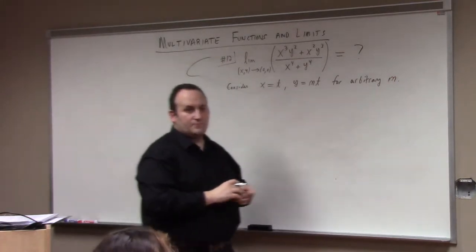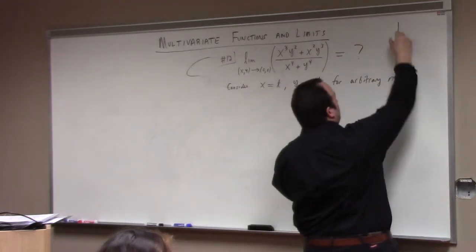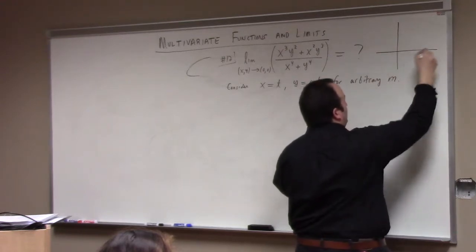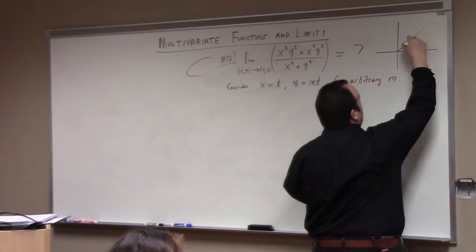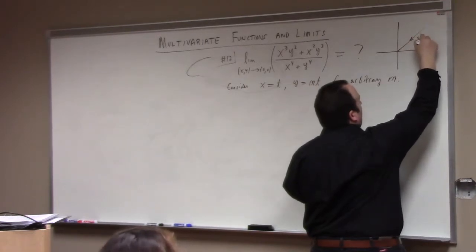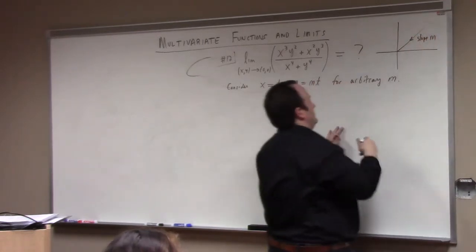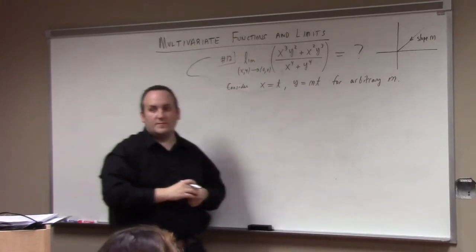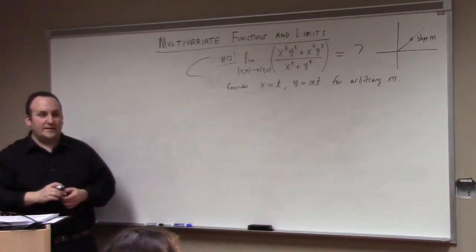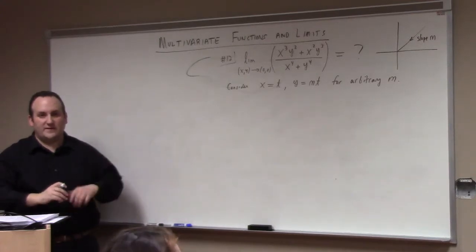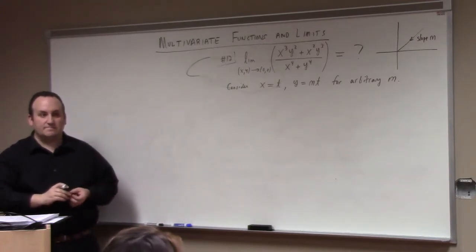In other words, instead of doing one specific path, let's just pick any old line, slope m. Because why not just do it for arbitrary m? If we sort through this and we get a formula which depends on m non-trivially, we just take two different values of m and then we've proved the limit doesn't exist, right?